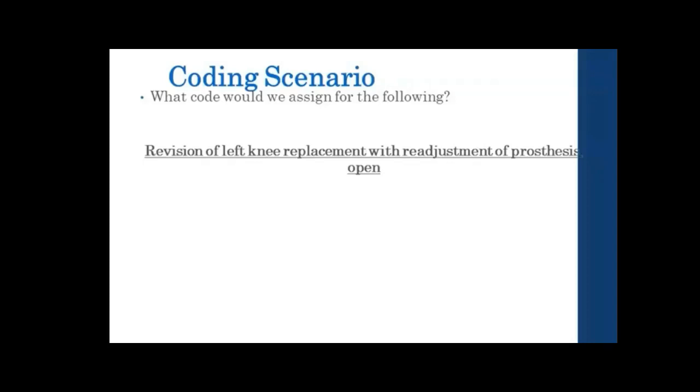Now let's look at the 5th character. We know ours was open, right? Our approach is open. So I'm going to look for the rows where open is a value. So it's either the first row or the second row.